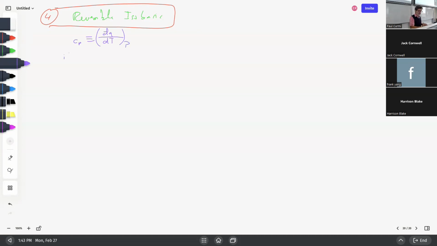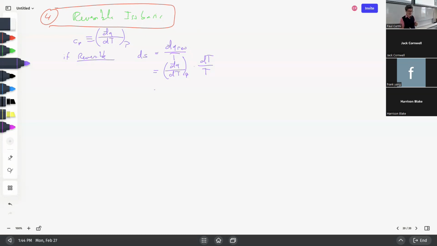And if the process is reversible, I can write the specific entropy change as d bar Q reversible over T. And I can write then this as d bar Q dT at constant pressure times dT on T. Okay, so I've just shoved that dT in there and split the two derivatives.